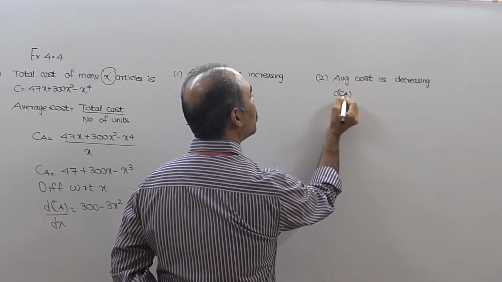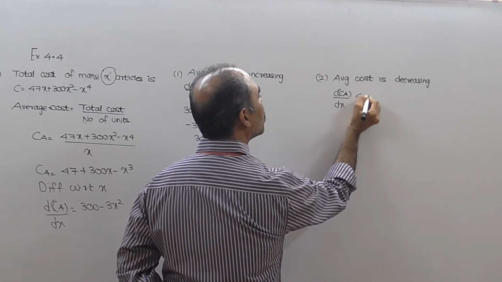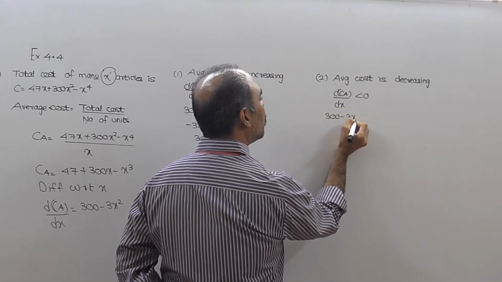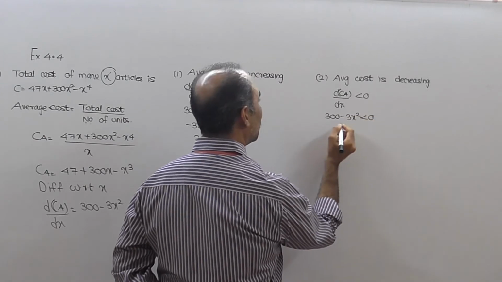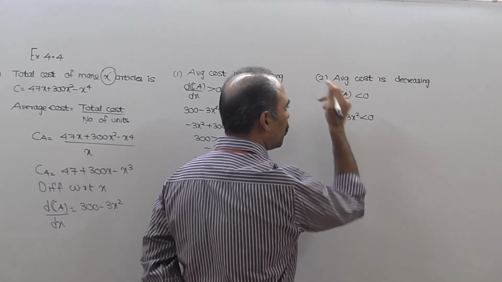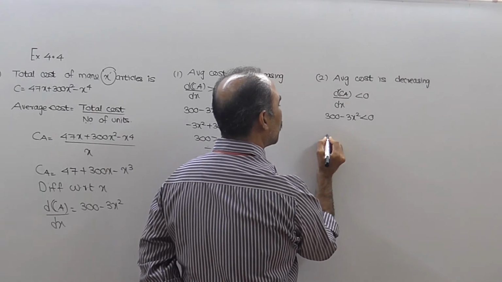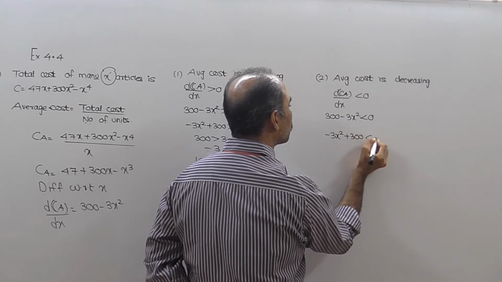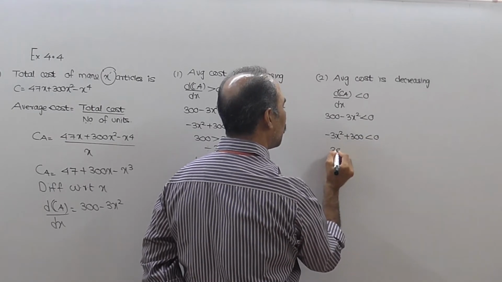Average cost is decreasing means dCA upon dx is less than 0, meaning 300 minus 3x square is less than 0. Increasing means more than 0, decreasing means less than 0. So you can have this as minus 3x square plus 300 is less than 0.